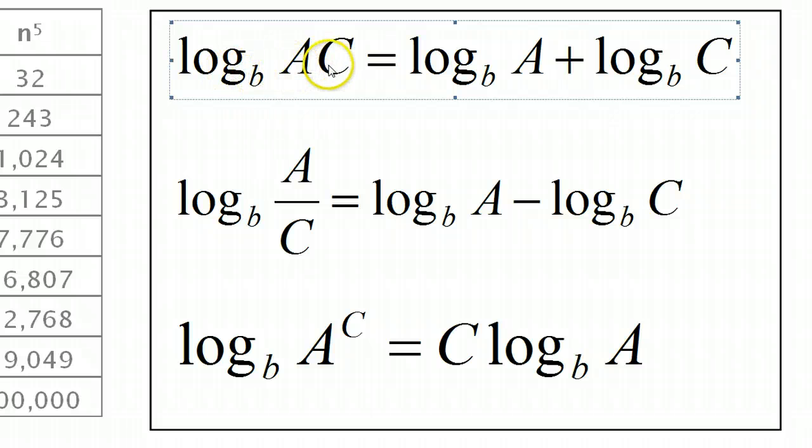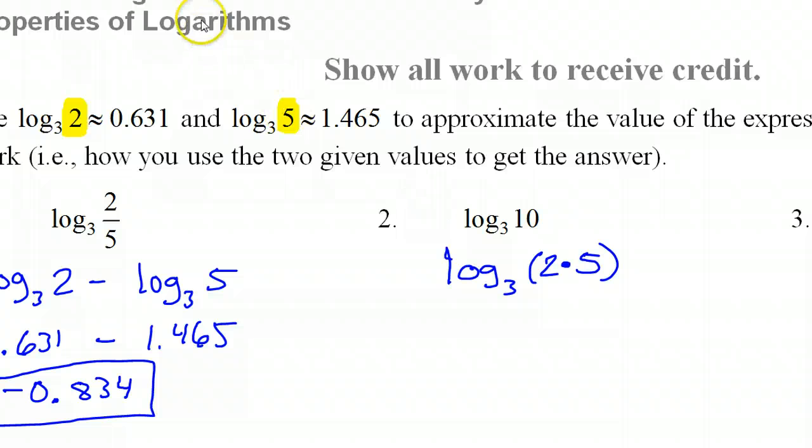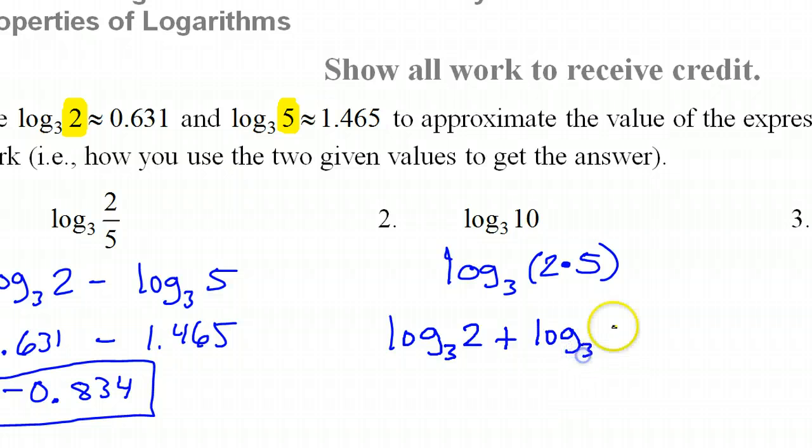Log of something times something is the same thing as the sum of the two logs separately. So multiplication will become addition as we separate them. So this would be the same thing as log base 3 of 2 plus the log base 3 of 5. So there's the 2 and the 5 like we had before.